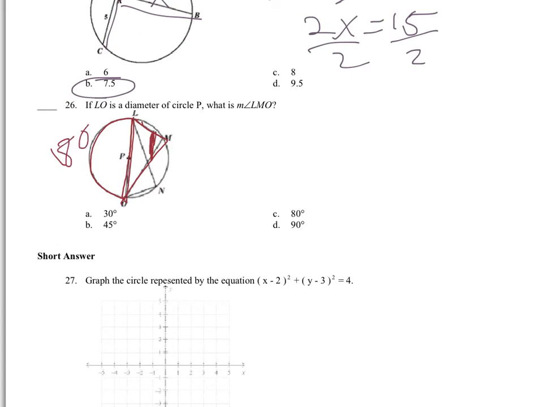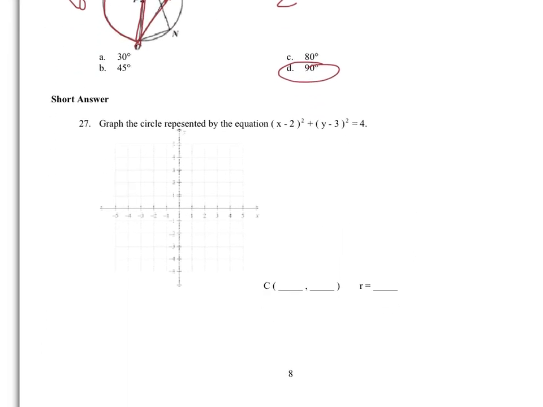So my angle measure, which I don't know, is equal to 1/2 the arc, which is 180. When I do that, I end up with 90. Or you could have just known that an inscribed angle whose endpoints are on the diameter is a right angle.